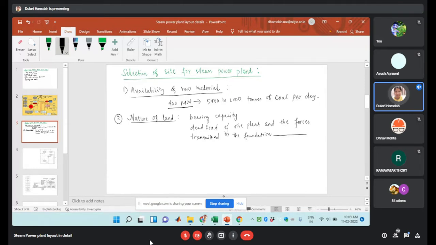Okay, so the nature of the land should have good bearing capacity, which can withstand the dead load of the plant and the forces which will be transmitted to the foundation due to the running of your different machines. Okay, so this is one criterion for selection of the site.